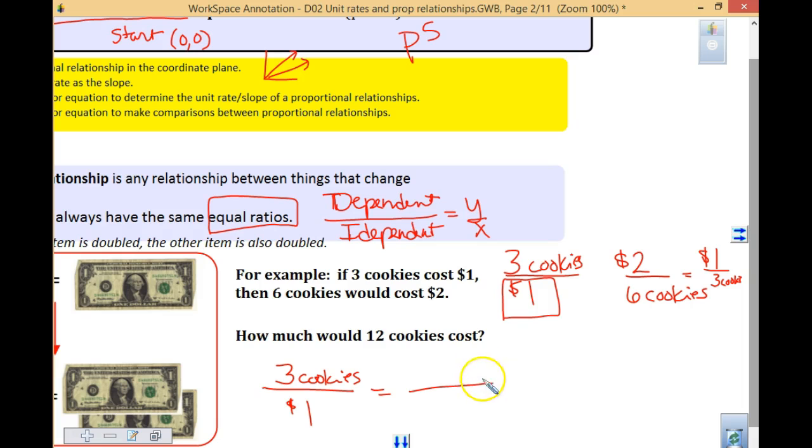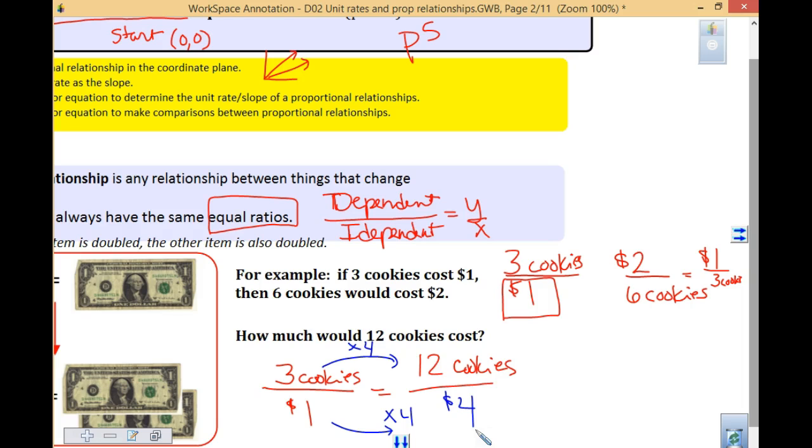The 12 cookies, numerator or denominator? On top. So 12 cookies. What do I multiply by 3 to get 12? Times 4. So I should have how many dollars down here? Should be $4, right?